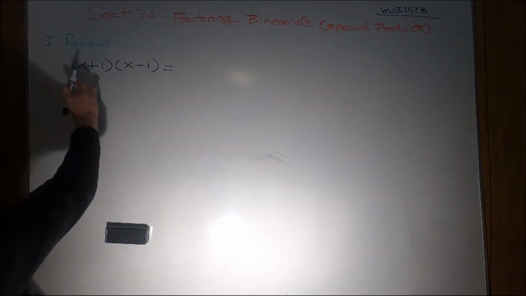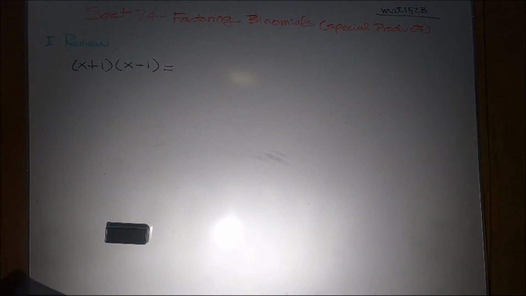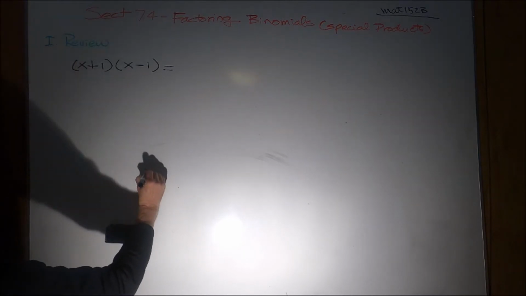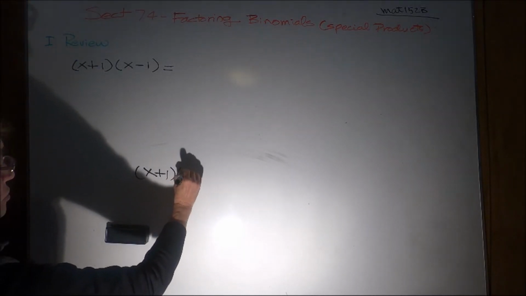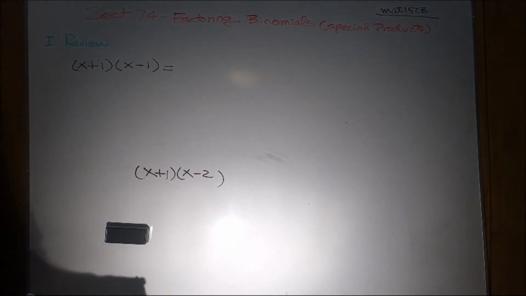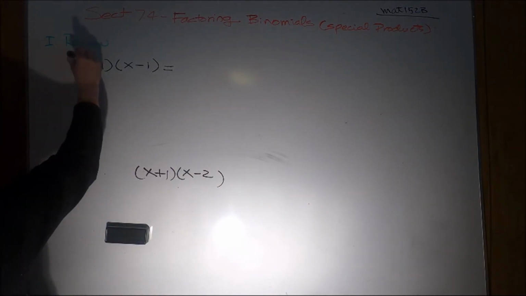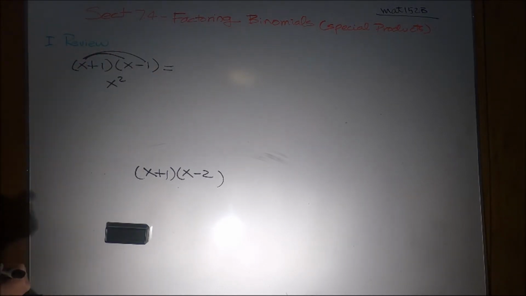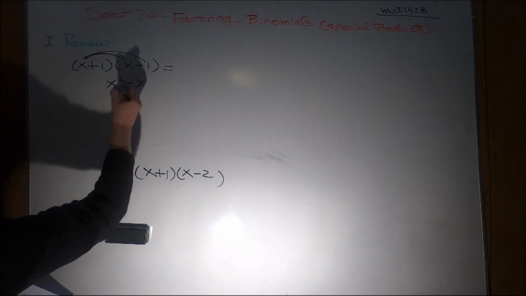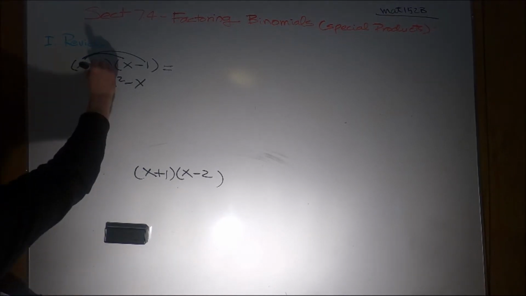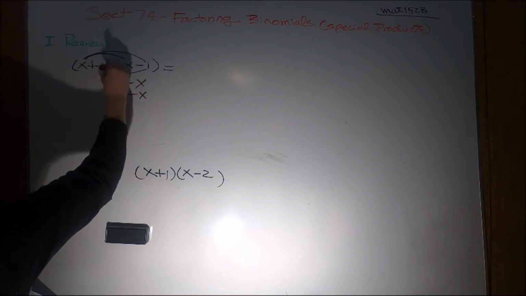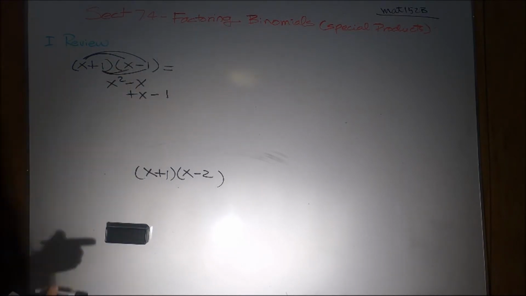So today, let's take a look at another situation. If I have, instead of x plus 1 times x plus 2, x plus 1 times x minus 1, different numbers, right? If I do the FOIL, x times x is x squared, x times negative 1 is minus x, then bottom rainbow, 1 times x is plus x, 1 times negative 1 is negative 1.